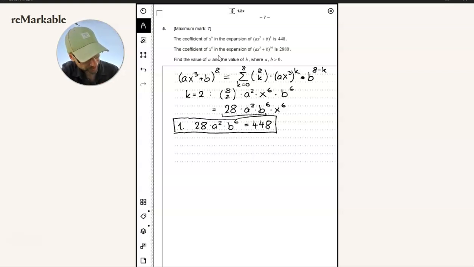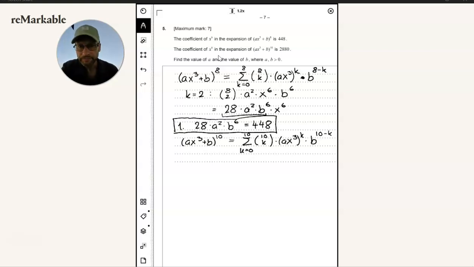From the other piece of information. So now we do (ax^3 + b), but now raised to the power 10. And that's a binomial expansion, k going from 0 to 10, and then it's 10 choose k times (ax^3) to the k times b to the 10 minus k this time.